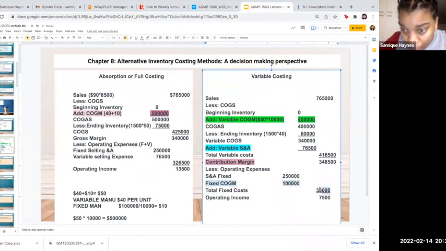So our total fixed cost is 350,000, and our operating income, do we have an operating income? Was our contribution margin able to cover our fixed costs and give us a profit? No, we have an operating loss, or net loss, of 1,500.